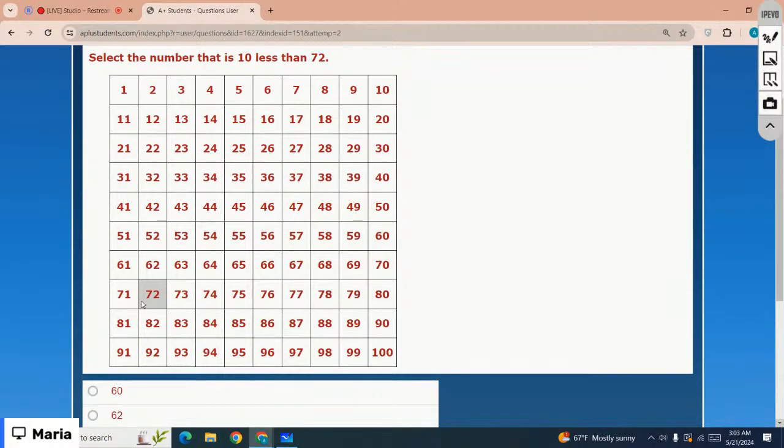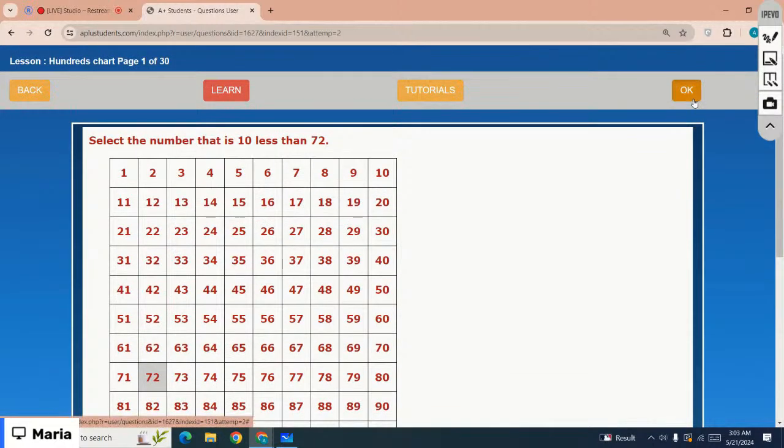Here is 72. 10 less than means you have to move 1 up. The correct option is 62. 10 less than 72 is 62.